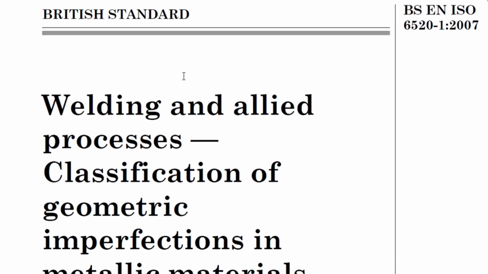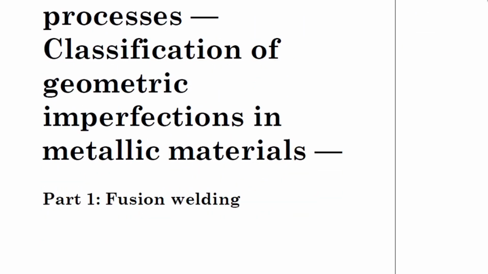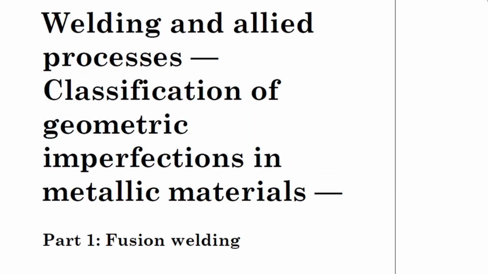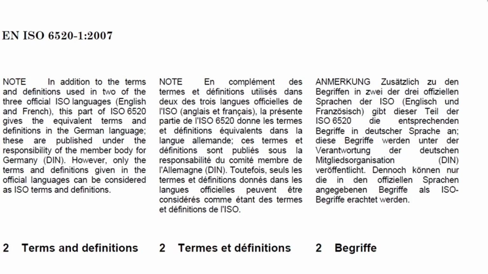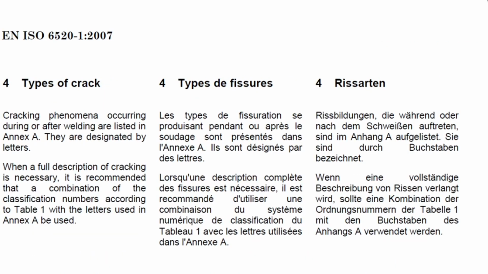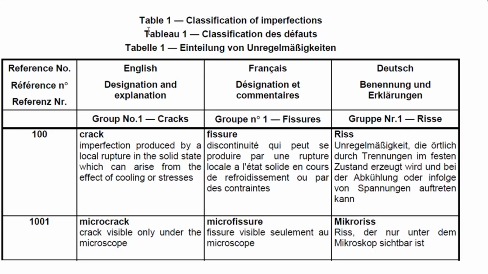If we go through this code book, we see the title: welding and allied processes, classification of geometric imperfections in metallic materials, welding. Here we see Table 1, classification of imperfections.